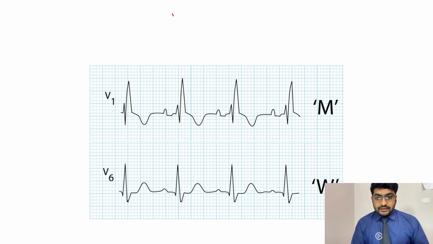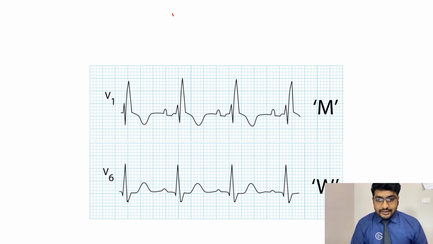As I told you in the left bundle branch block video, we can remember left bundle branch block with the mnemonic WiLLiaM. In right bundle branch block, we can remember it with the term MaRRoW. MaRRoW has a double R in it, for right bundle branch block. What does MaRRoW mean? M for M. We will see that in our right precordial leads, that are V1 to V3, we will see an M pattern or RSR pattern.